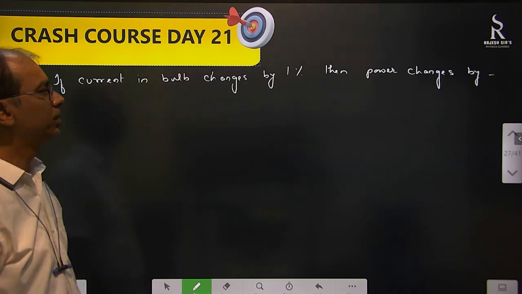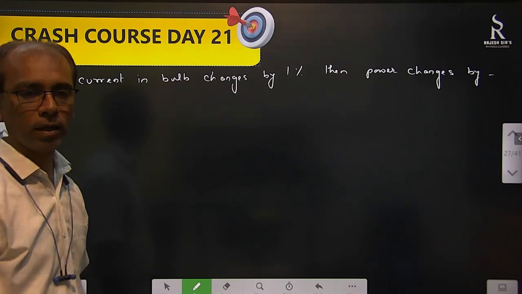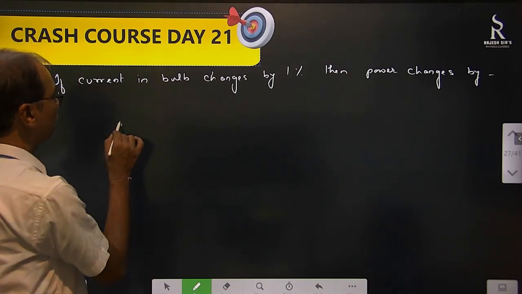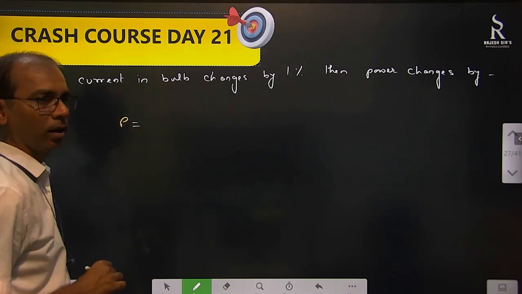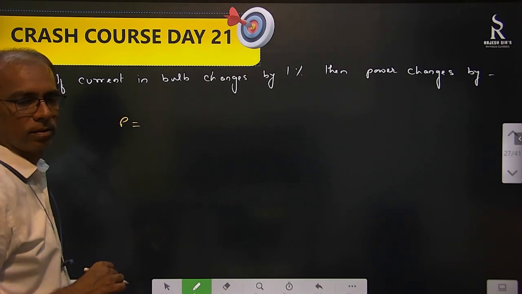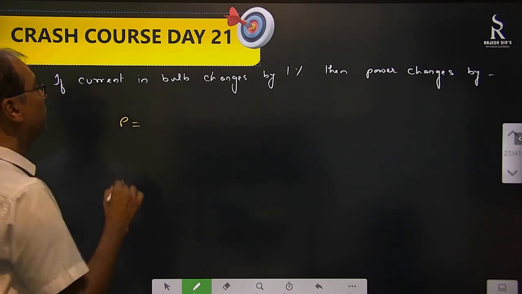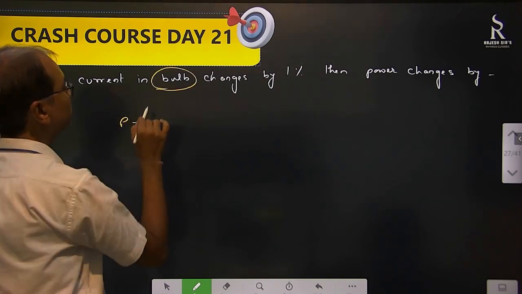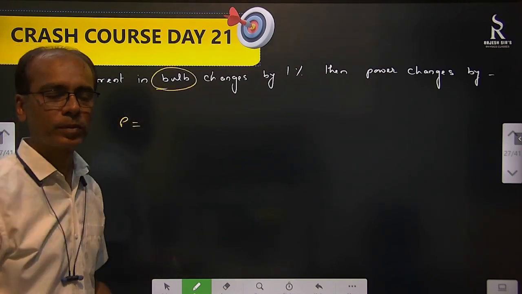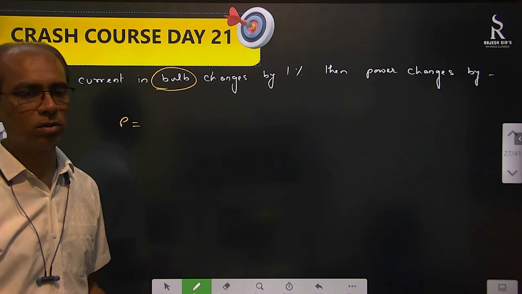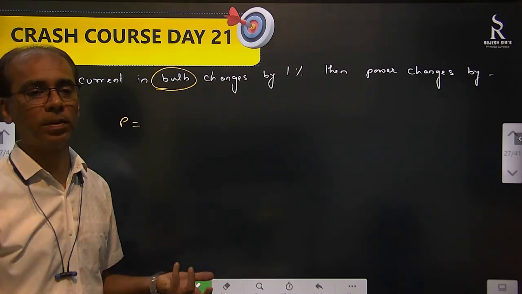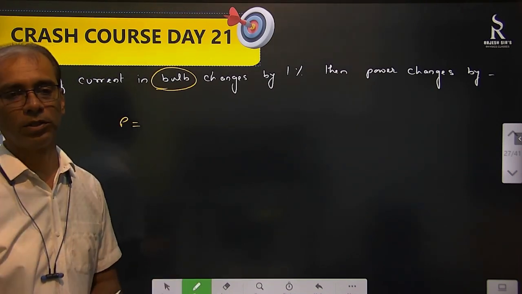Current in a bulb changes by 1%, then power changes by how much? Power is I square R or V square by R. What shall we take? Bulb it is. The bulb's resistance is constant, because it depends on rated power and rated voltage.